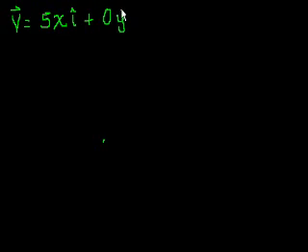Okay, let's say the velocity of a fluid, or the particles in a fluid, at any point in the xy plane is equal to 5x i plus, I don't know, 0 j, right? j is the unit vector in the y direction. So there's never a y component to the velocity vector.